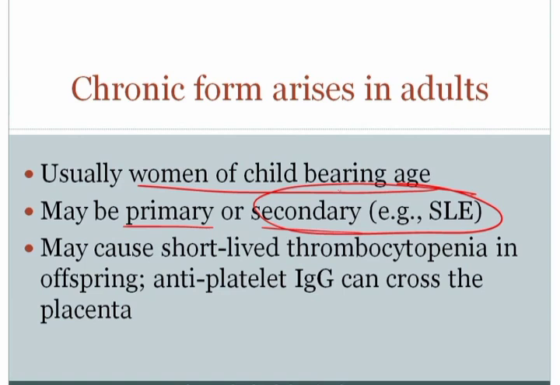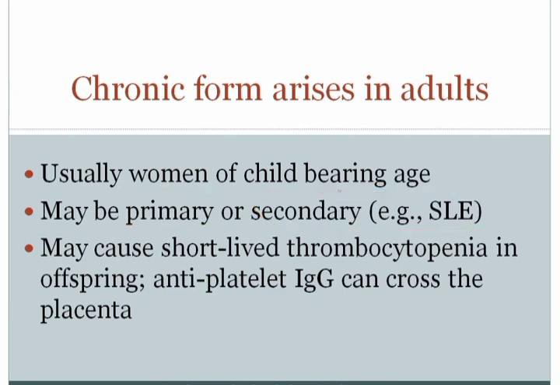Now again, remember that patients who have the chronic form are going to have this disease for a long period of time, and that's why it's called the chronic form. And so it would not be uncommon for these patients to have the disease and eventually to become pregnant, just as part of their normal life. When they become pregnant, it's important to note that because this is an IgG-mediated disease, the IgG can cross the placenta, and that can result in thrombocytopenia in the offspring.